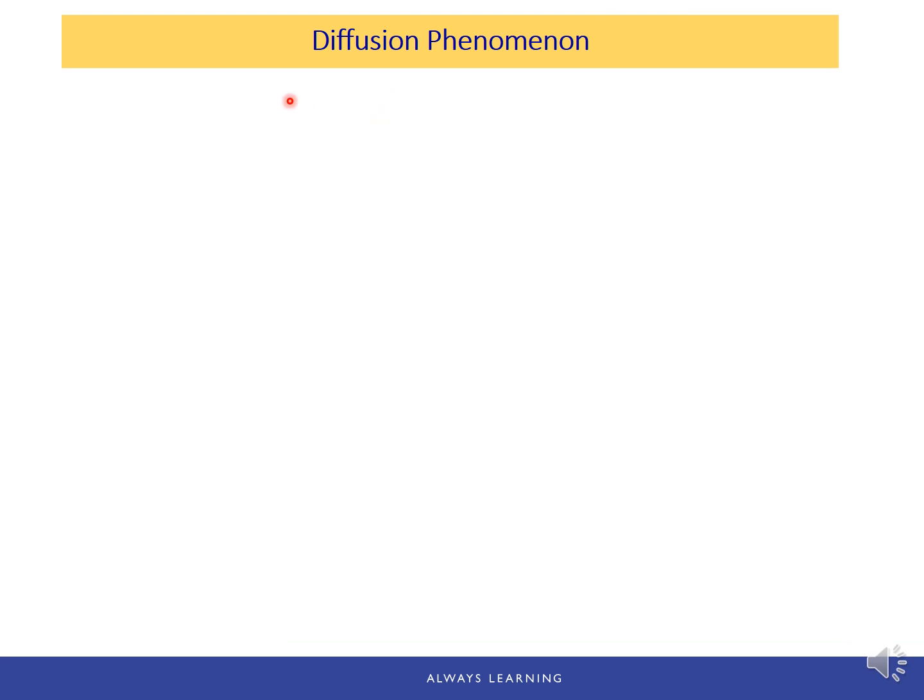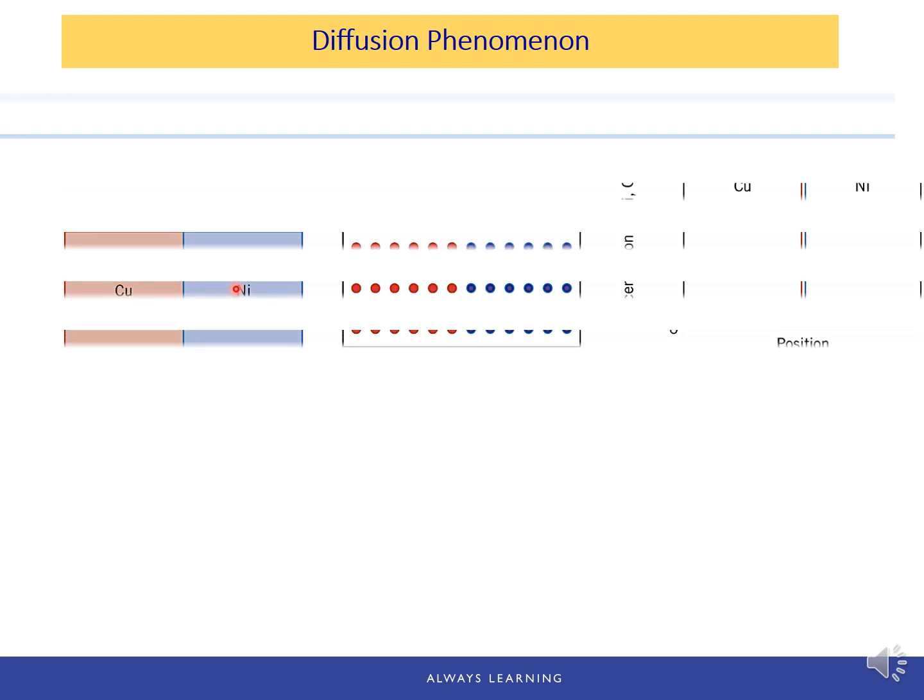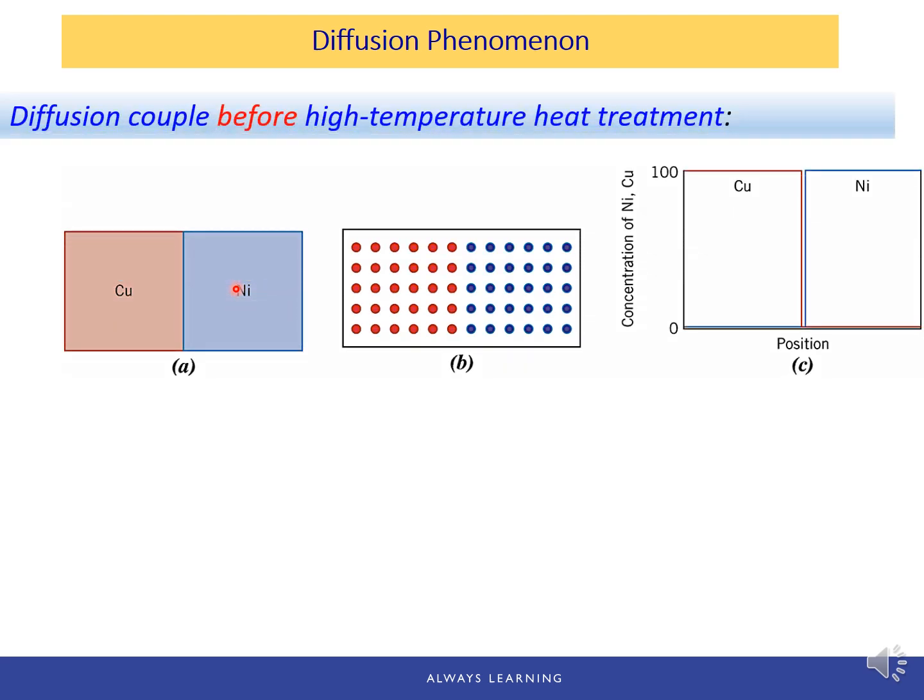The phenomenon of diffusion may be demonstrated with the use of a diffusion couple, which is formed by joining bars of two different metals together so that there is intimate contact between the two faces. Here in this example, we have a couple of copper and nickel, and we have the schematic representations of atomic positions and the concentration profiles.